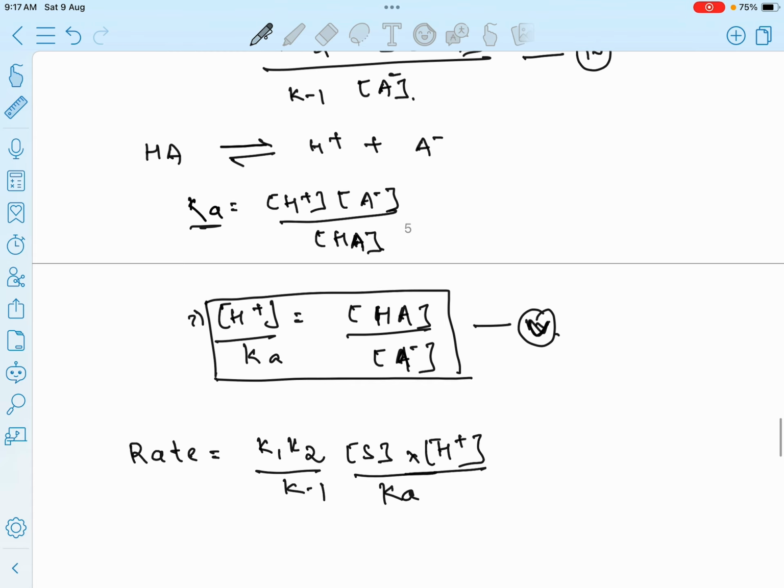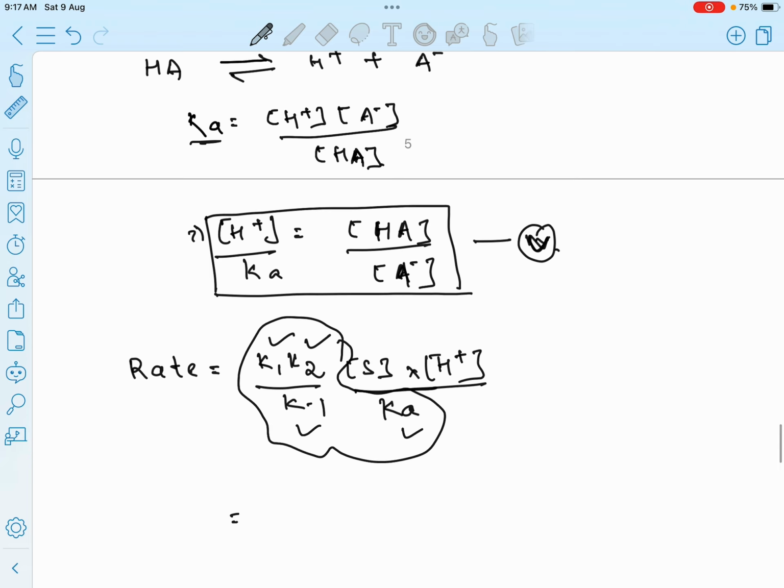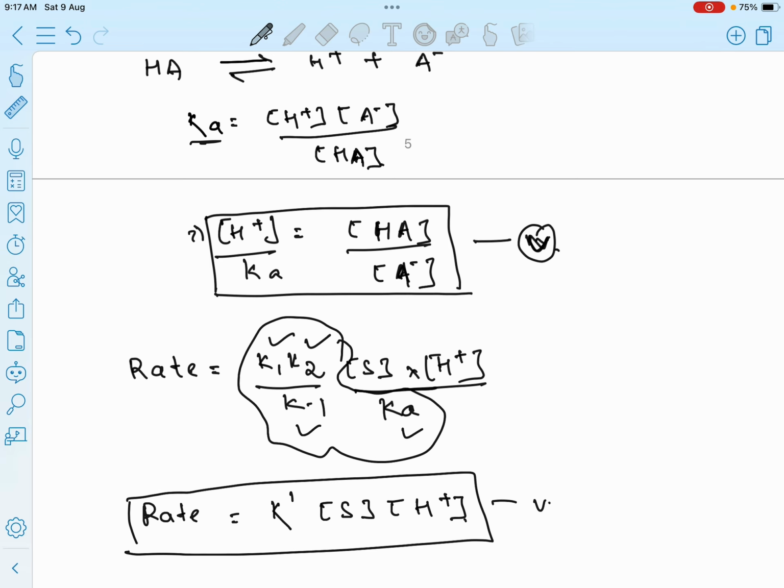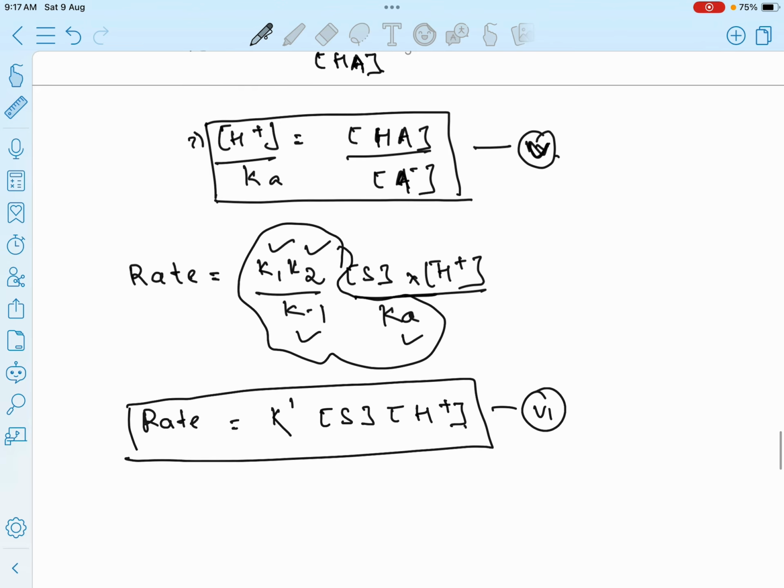Okay. So this is a constant, this is a constant, this is a constant, this is again a constant. So we can write this as a combined constant, K dash, multiplied by substrate concentration into H plus. So we got an expression for the rate, and this is your equation number 6.